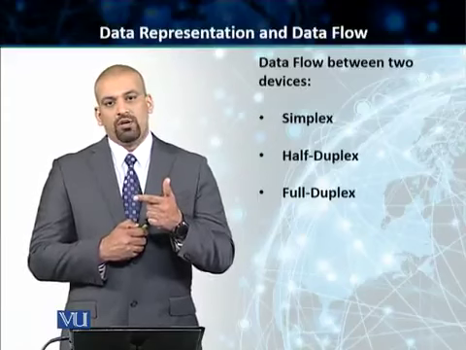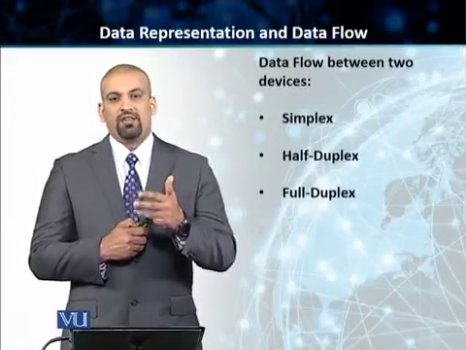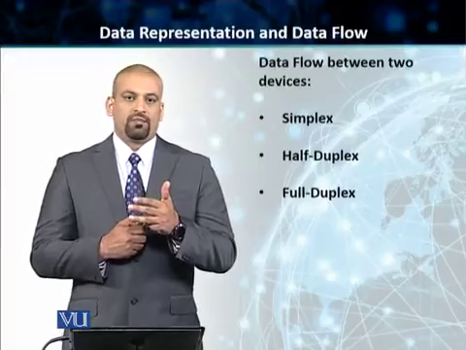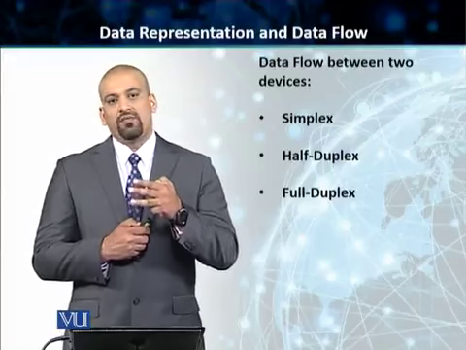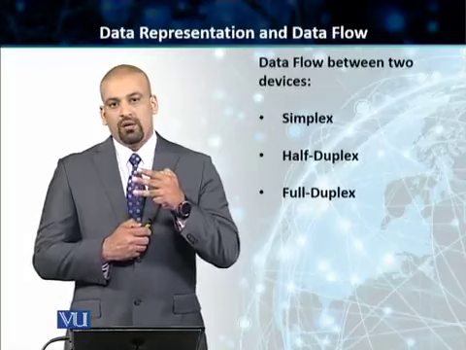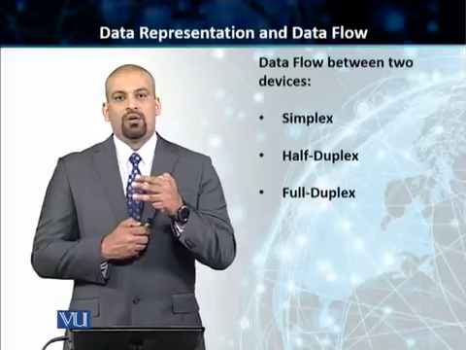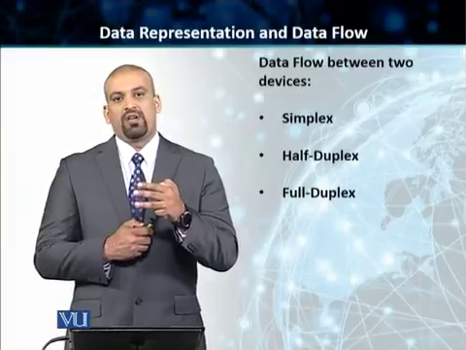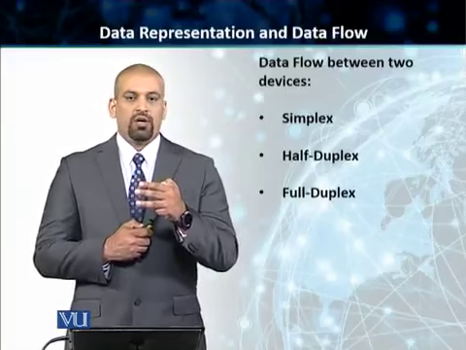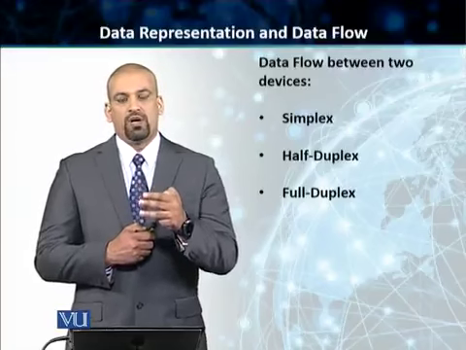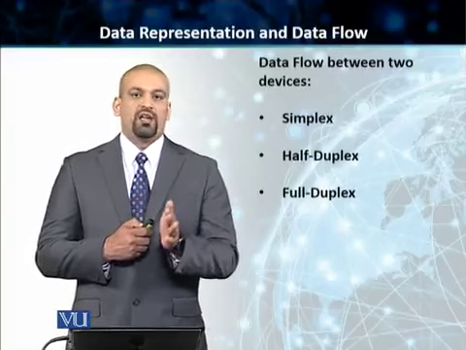The simplex mode, the half duplex mode, and the full duplex mode. If you understand these three different modes, you will almost completely understand how the data is communicated in today's data communication system, whether we are talking about a small network or a big network, or a local area or a wide area.